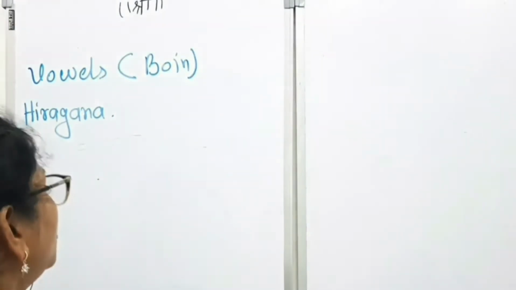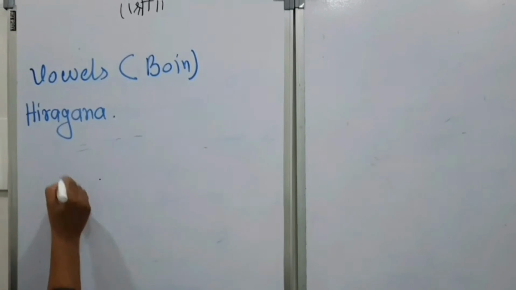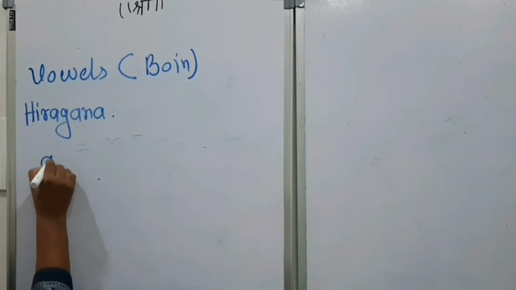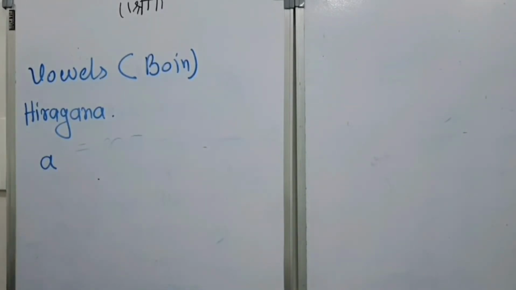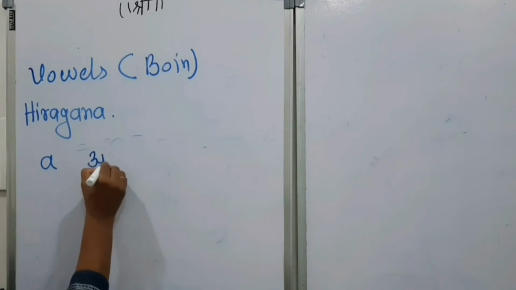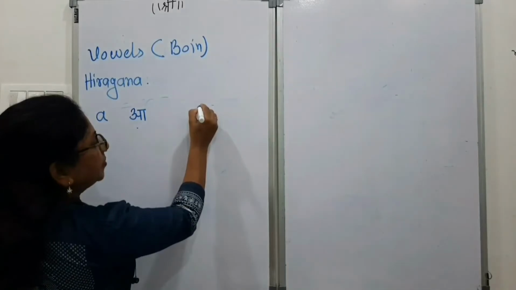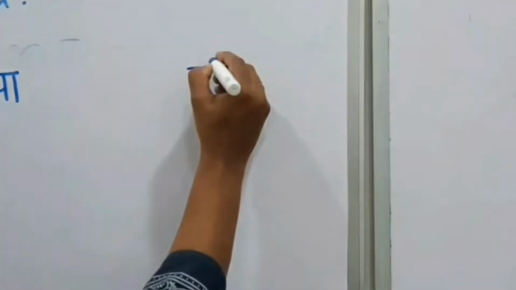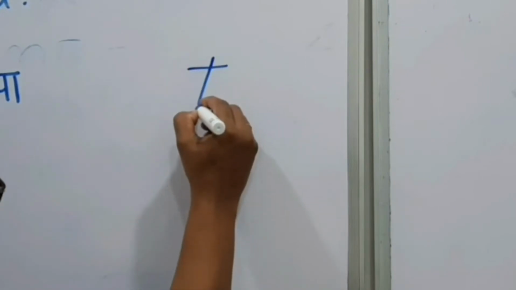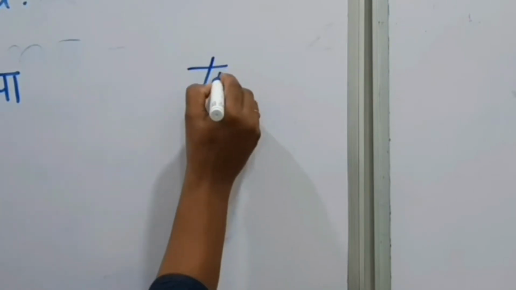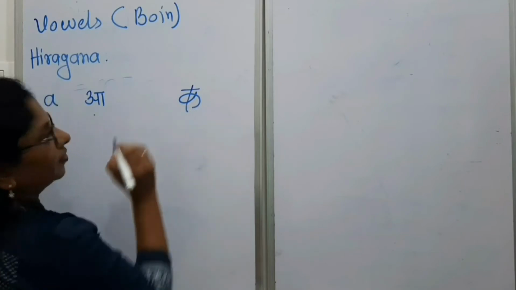So, the first vowel is A. In Devanagari, it would be this. And how to write it in Japanese? First, one short horizontal line, then a little bit curve-shaped long vertical line, and then the curve like this.